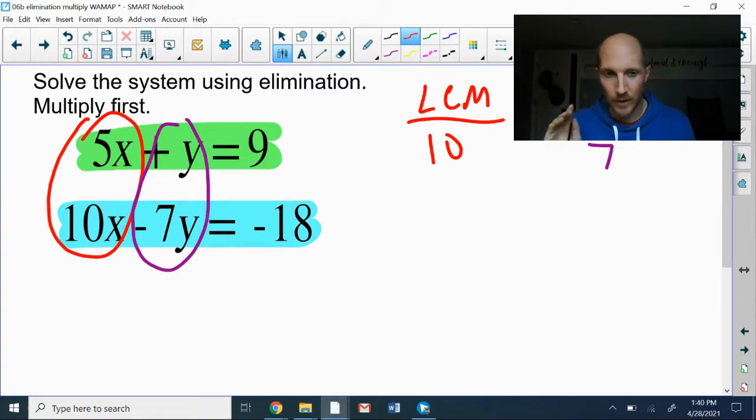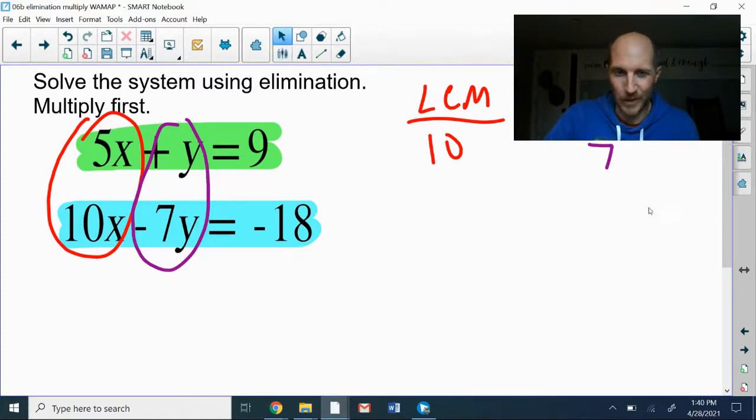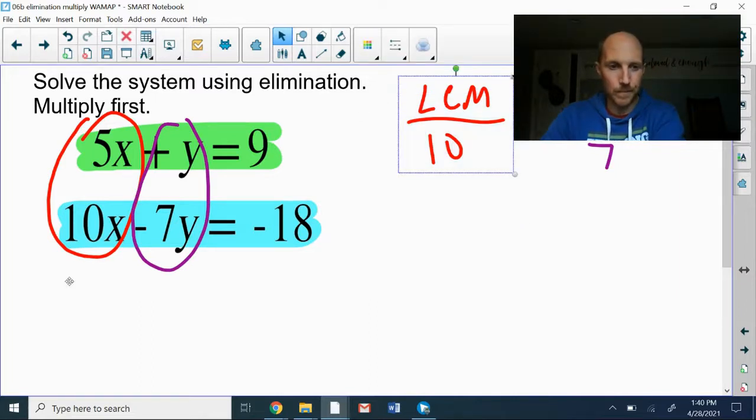If, on the other hand, I work with the y coefficients, I'm going to multiply that green equation by 7, so that I end up with +7y in the green equation, and in the blue equation I already have -7y, so those y's will eliminate. So I think you're fine either way. Doesn't really seem like a big difference in difficulty.